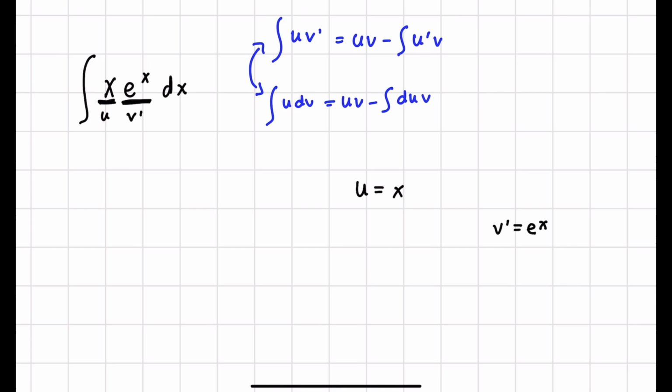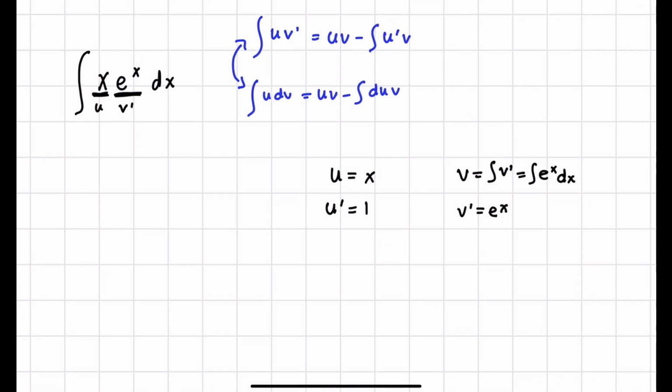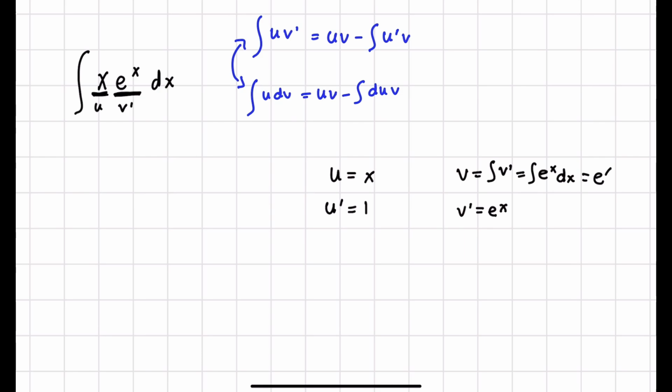Let's find the derivative of x, which is simply equal to 1. And v is the antiderivative of v prime, so it is the integral of e to the x, and the integral of e to the x is simply e to the x. Let's not write the integration constant for now, and you'll see why in a second.